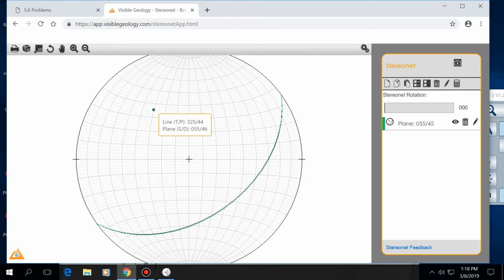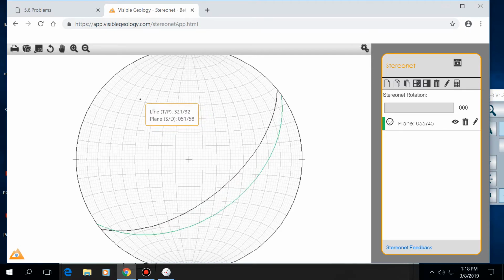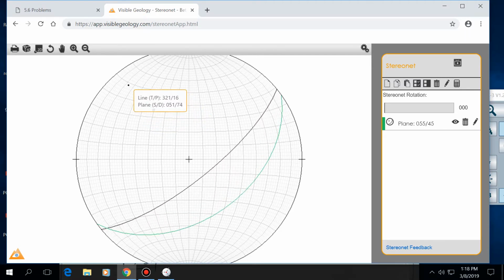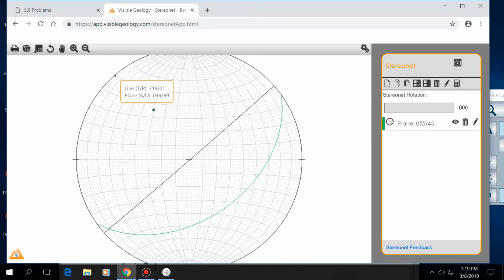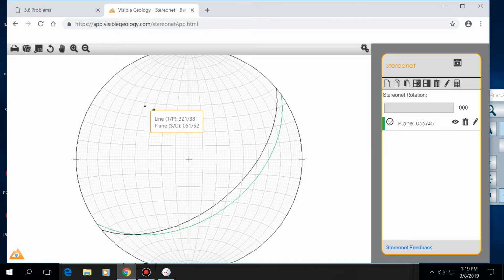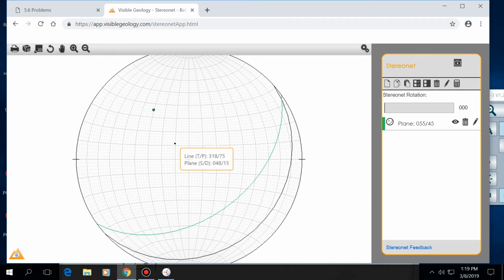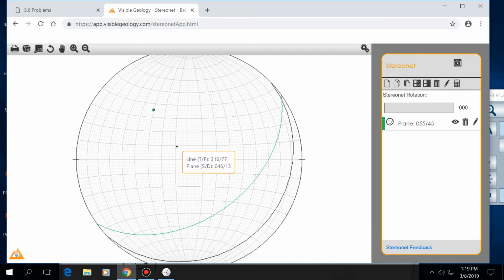So for example, if I had the same strike but a dip of 90 degrees, I would go somewhere over here. If I had the same strike but a dip smaller, I would be somewhere over here.